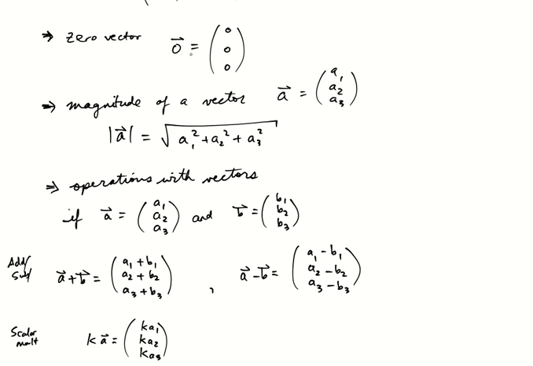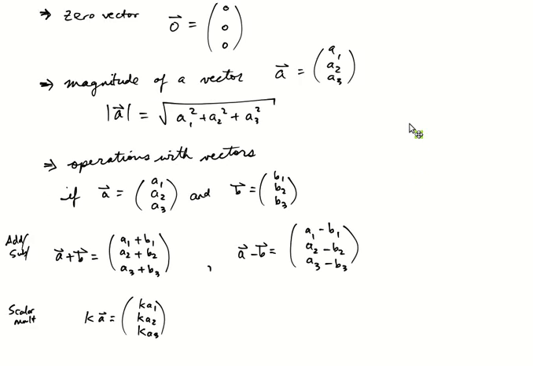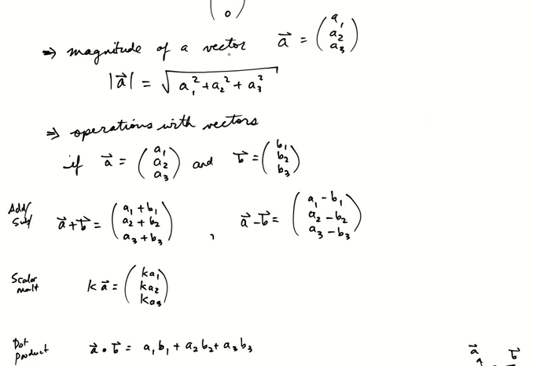Remember that the zero vector is a vector of zero length and no direction. Okay. This is useful when we are doing algebraic operations with vectors. The magnitude of a vector, also very, very similar. The only thing that changes now is we have a plus a3 squared on the end. Normally we had just a1 squared plus a2 squared.